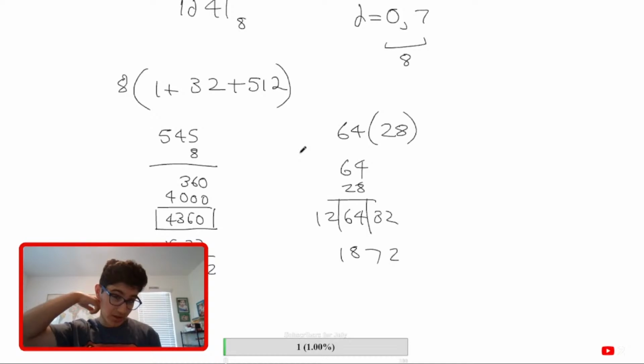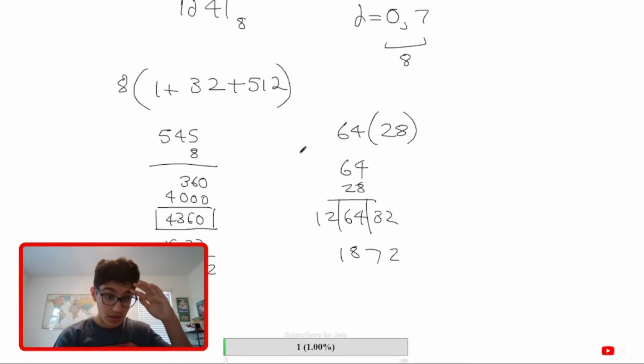Did I multiply it correctly? That should be 4000 and then 360, so 4360. Did I do the addition here correctly? Let's check that. 2 and then 3 plus 1, so that again is 2. You carry over one more, so 6, 2, 3, 2. That seems right. All of that seems right.